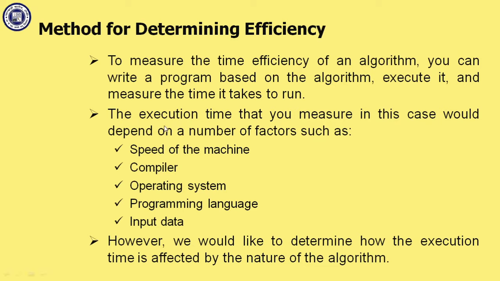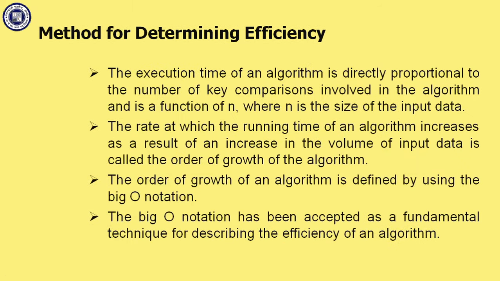However, we would like to determine how the execution time is affected by the nature of the algorithm. So here we will look at some points. The execution time of an algorithm is directly proportional to the number of key comparisons involved in the algorithm and is a function of n, where n is the size of input data.